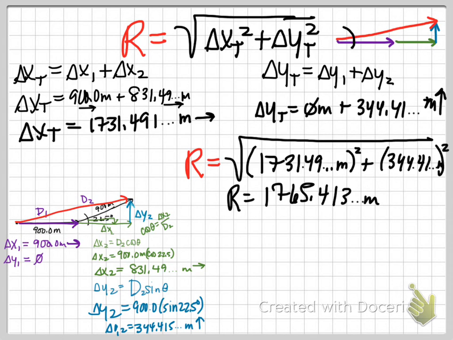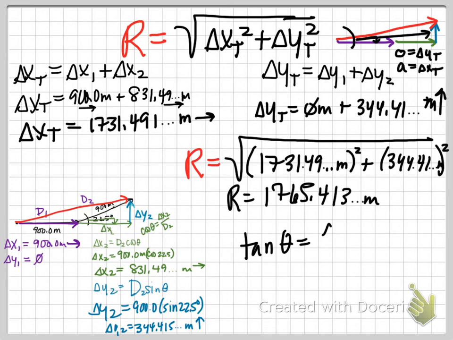So in this case, what's my opposite? So opposite equals delta y total. Adjacent equals delta x total. If you tend to screw up getting your heading, I would strongly recommend that you jot that down for yourself. It's helpful.